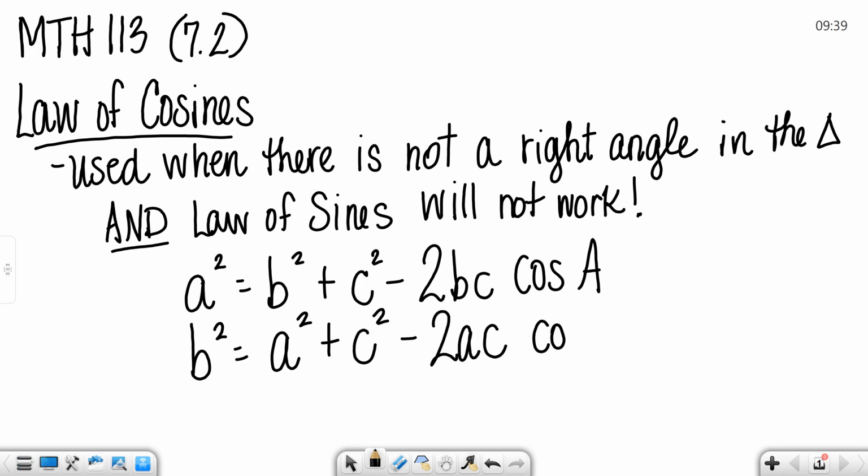And again, the capital letters A, B, and C represent the angles, and the lowercase a, b, and c represent the sides.